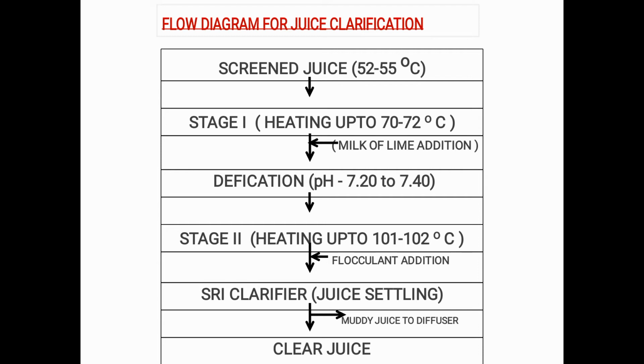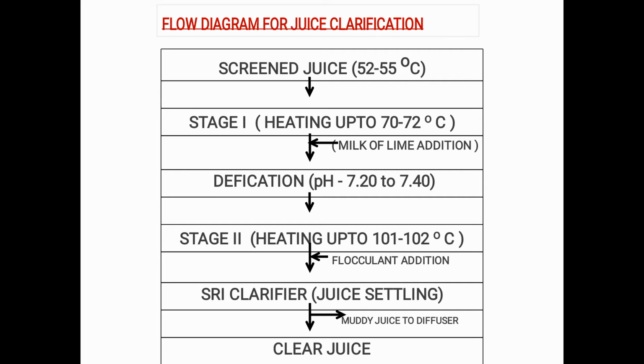Suppose it is a sulfitation plant, then this juice will go for the first heating, and here lime addition will be there. After that, sulfur dioxide gas, that is SO2, will be added. SO2 addition will be either simultaneous with lime, or lime will be added before the gas.